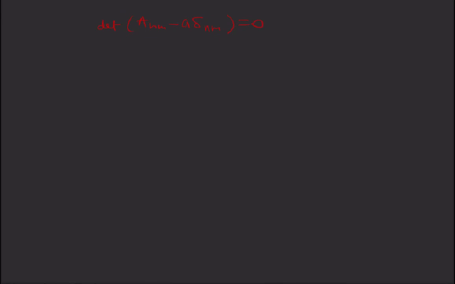Now for simplicity, we take only n terms so that this equation converges. So determinant of a11 minus a, a12, a13, and so on, a1n; a21, a22 minus a, a23, a2n; and so on, an1, an2, an3, ann minus a is equal to 0.